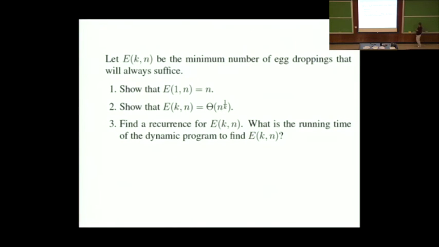So what is the example where we don't care? We don't care here because we've got 2 eggs and 1 floor. We don't care here. We don't care here. We don't care here. We don't care here. Does everybody see that the values that we really care about are going to be on this side?